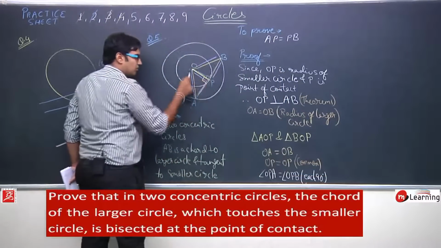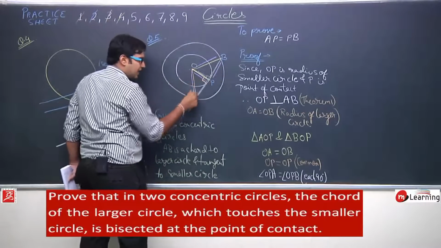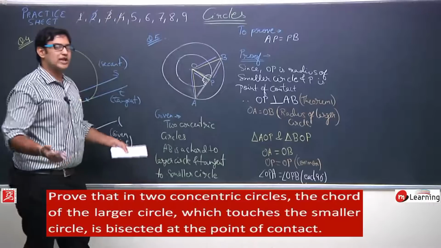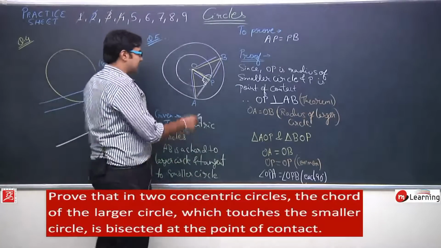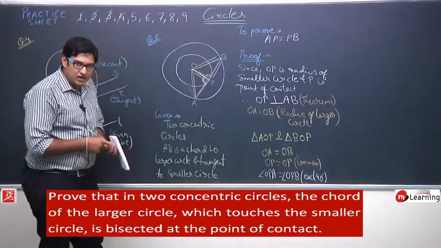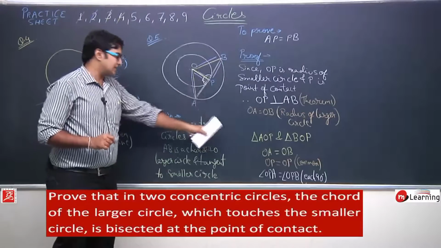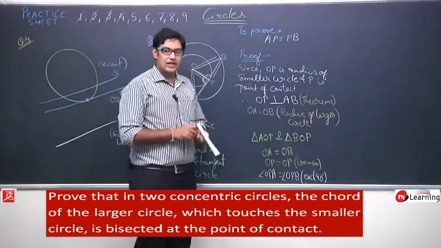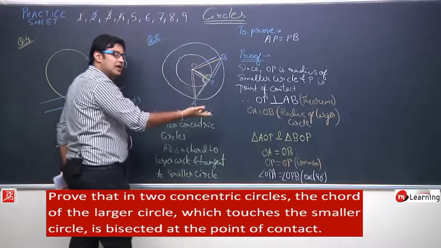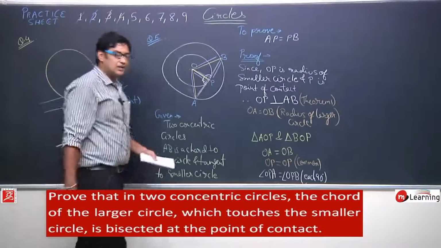Since OP is perpendicular to AB, both angles are 90 degrees. So these two triangles are right angled triangles. OA is the hypotenuse, OB is also the hypotenuse, and OP is the perpendicular side of this right angled triangle.